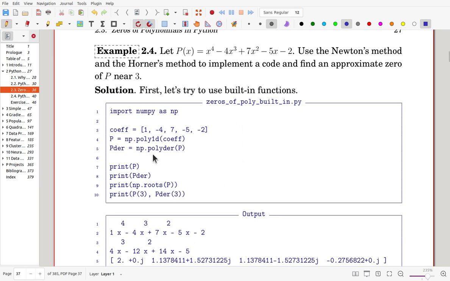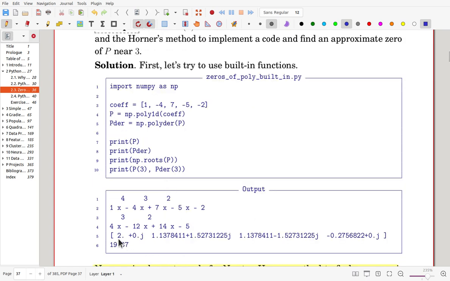Now, by using the polyder command, you can find the derivative, and you can see the printout here. Now you can find the roots by using the roots command for P. You can see here there is an imaginary unit.